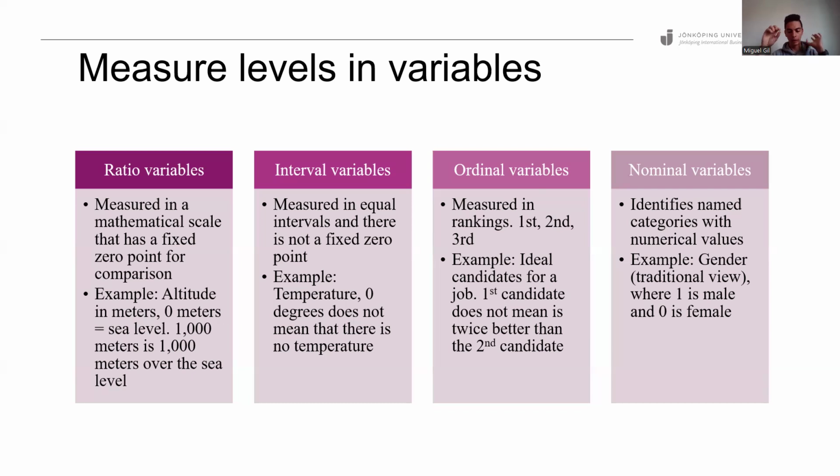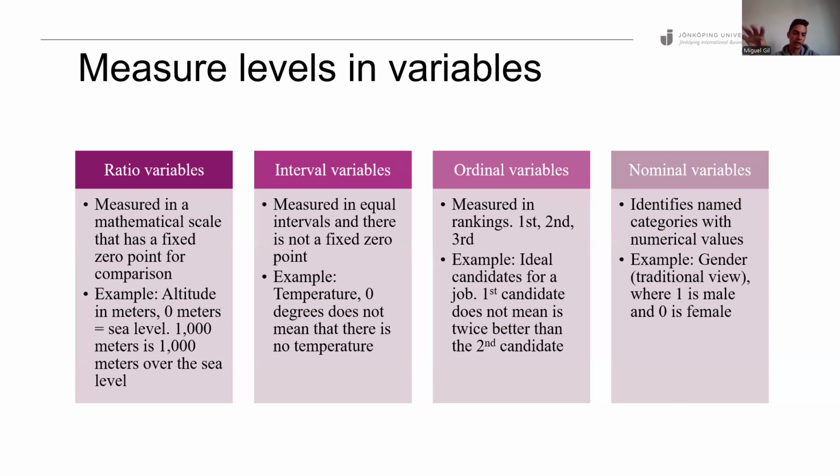And finally, we have another very important type of variable called nominal or categorical variable. These variables do not really tell you anything about whether one is more than zero or two is more than one. The only thing they tell you is that one is different from two and different from zero.